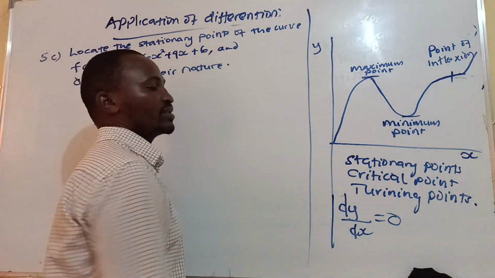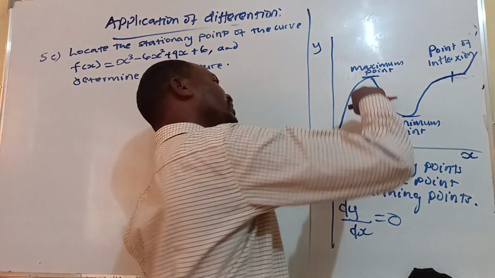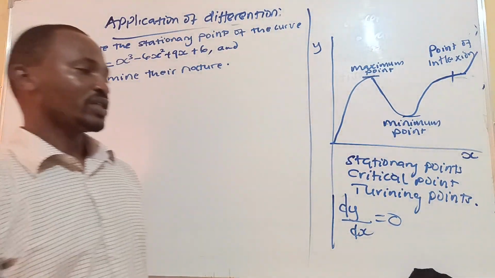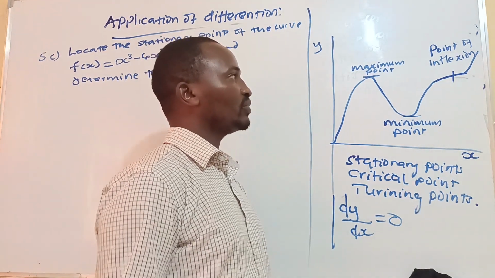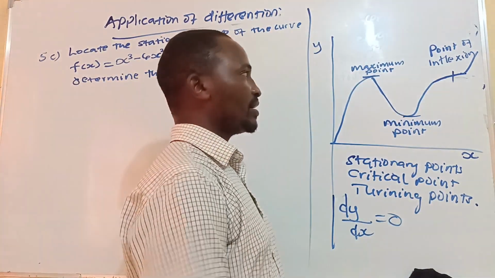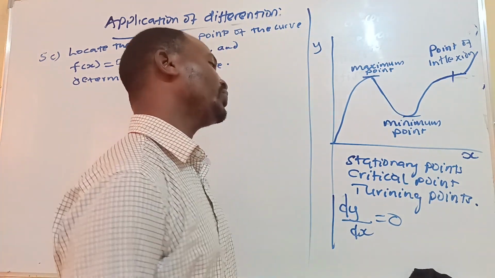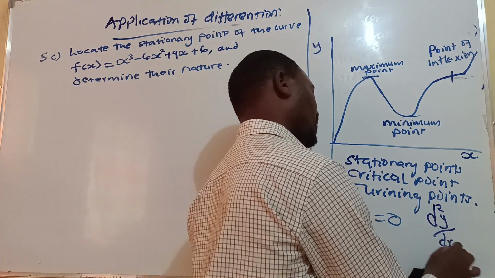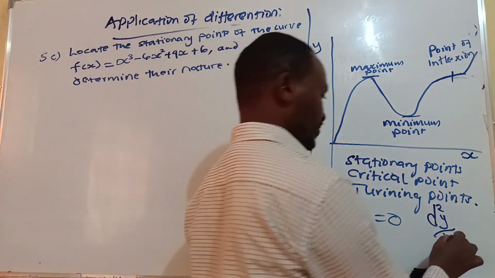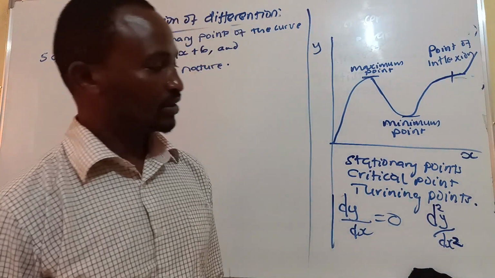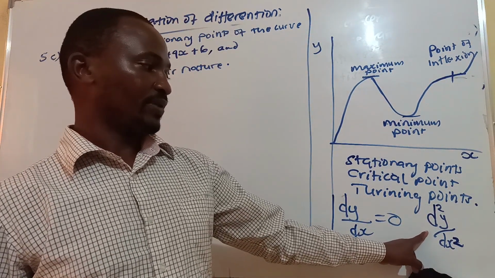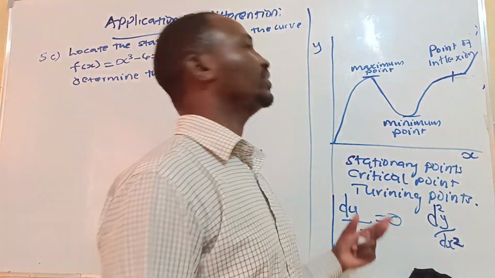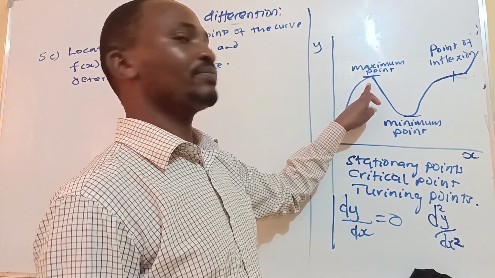Then, to differentiate between maximum, minimum, and points of inflection, to know which is a maximum point, which is a minimum point, and which is a point of inflection, we will need to get the second order derivative of y with respect to x. If the second order derivative of y with respect to x is negative at that particular point that we have found, then that point is a maximum point.